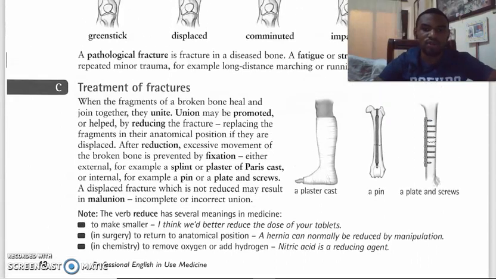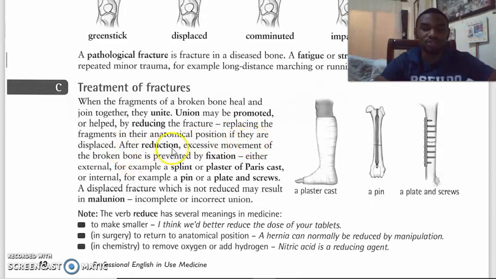Treatment of fractures. When the fragments of a broken bone are held together, they unite. Union may be promoted or helped by reducing the fracture, replacing the fragments in the anatomical position if they are displaced.